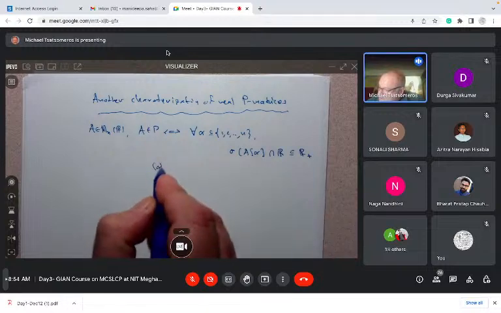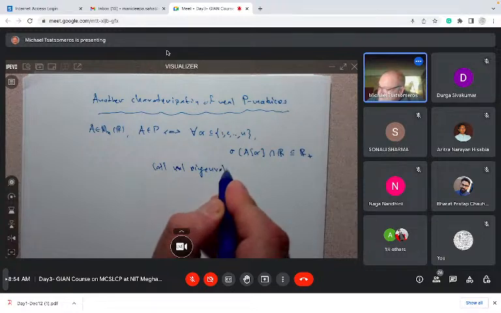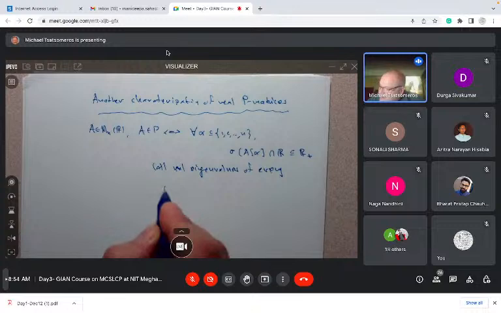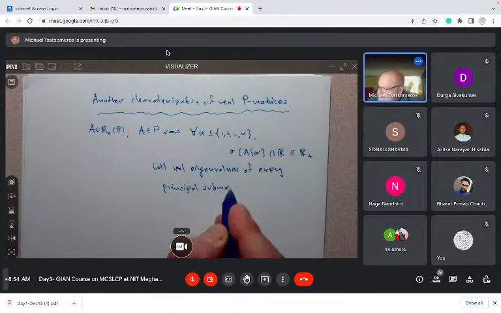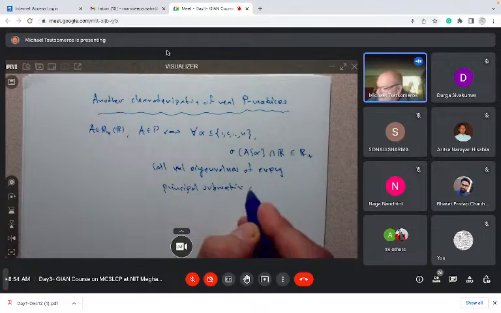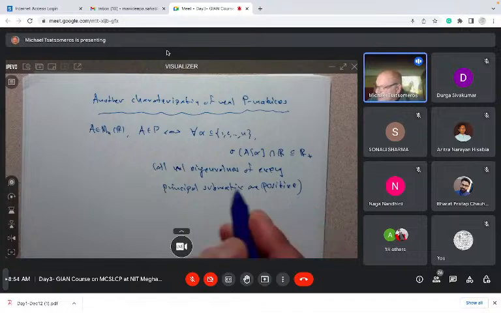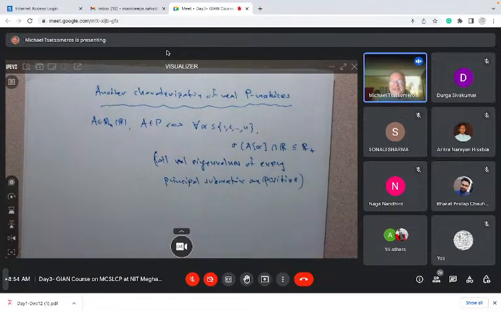So it doesn't matter what happens to the complex, the non-real eigenvalues.